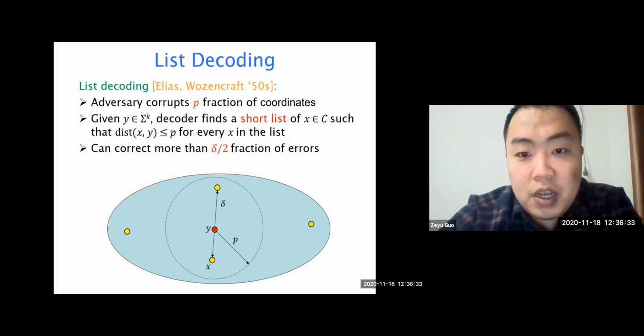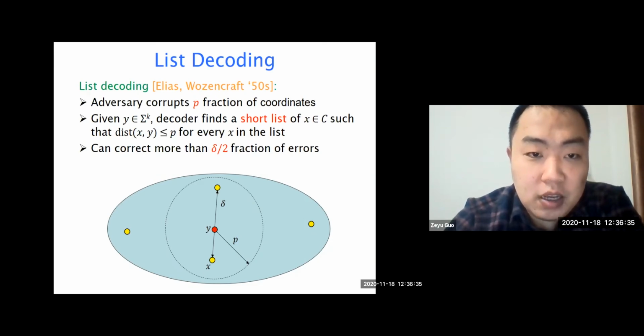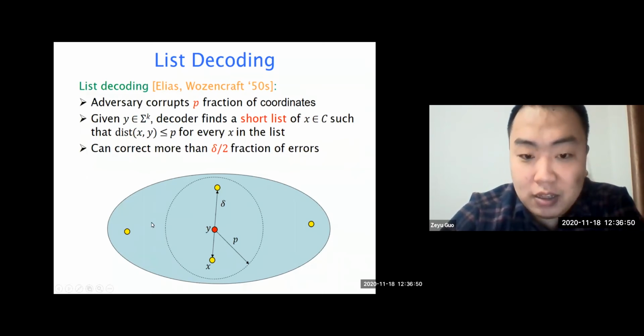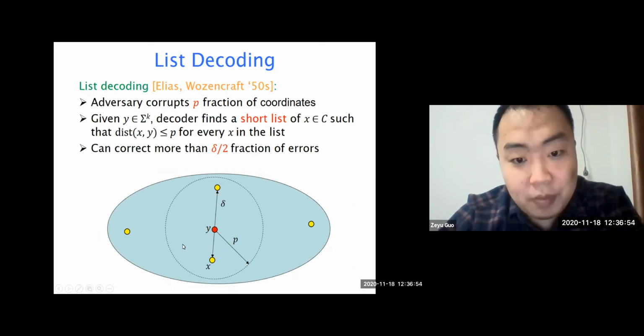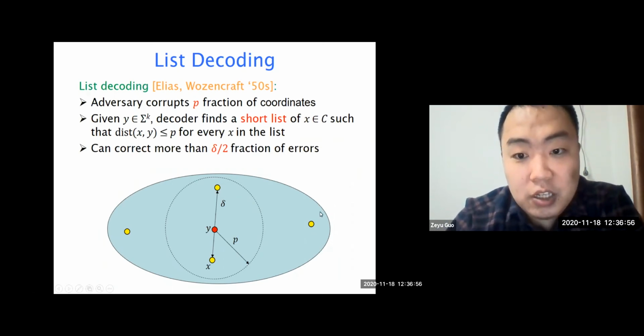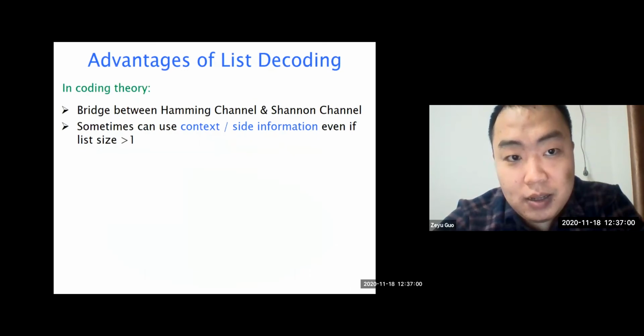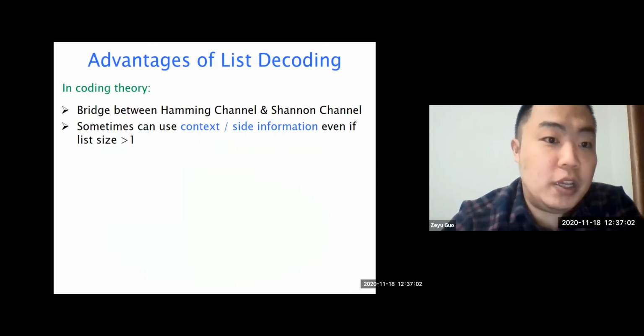Because we give up uniqueness, we can make the radius p larger, and we can correct more than a half-delta fraction of errors, as shown in this picture. The Hamming ball will contain more than one code word, but that's fine because we don't require uniqueness. This is list decoding, and it has some advantages over unique decoding.